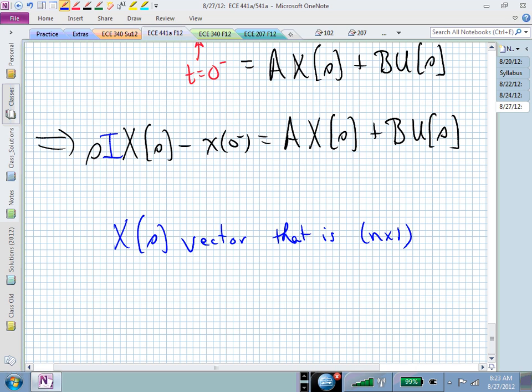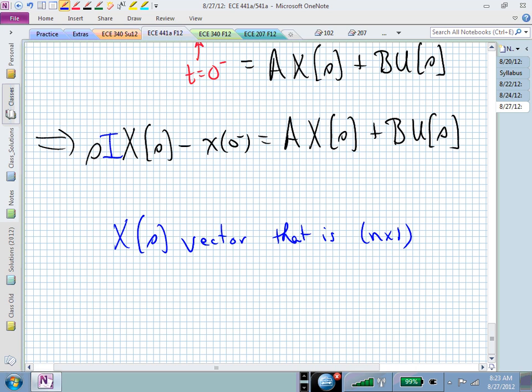That identity matrix is what dimensionally? What are the dimensions on that identity matrix? It's n by n. It has to be the same dimension. It has to make sense. Capital X was an n by 1 vector. And if I want to introduce a matrix that doesn't change scalar s times X(s), I need to scale s by this identity matrix that's n by n, and then hit it on the right by capital X(s).